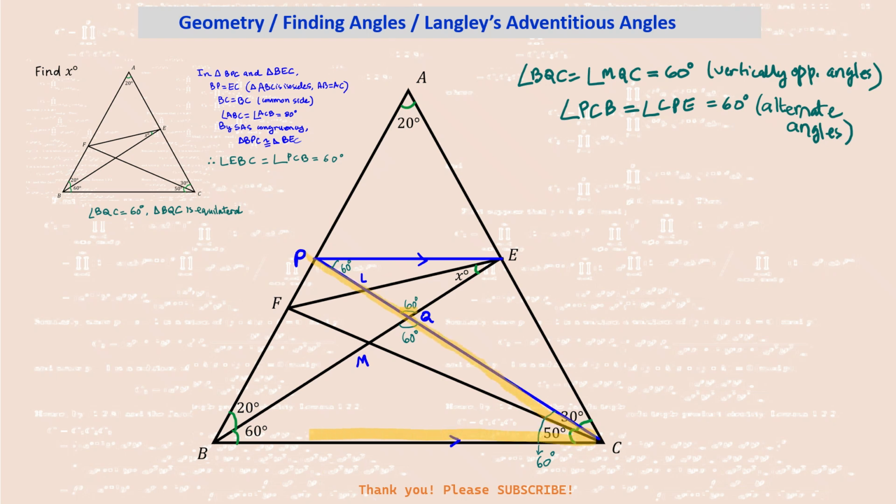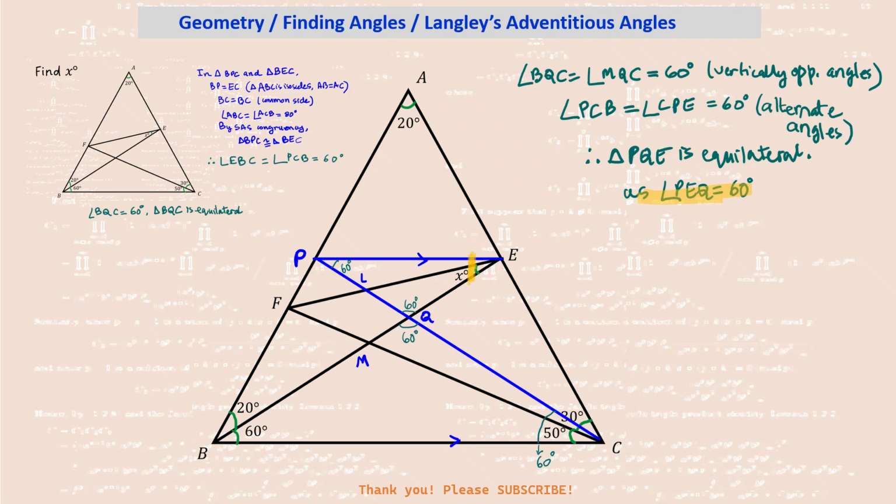That would mean that angle CPE is also 60 degrees, alternate angles. This gives us that triangle PQE is equilateral, and this angle PEQ is 60 degrees. It's not x, but it's the angle that contains x.